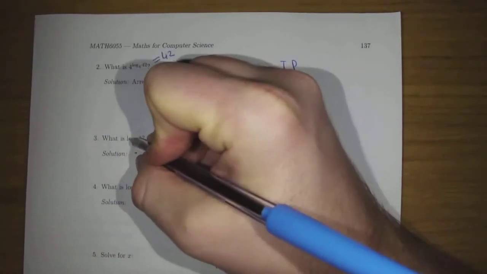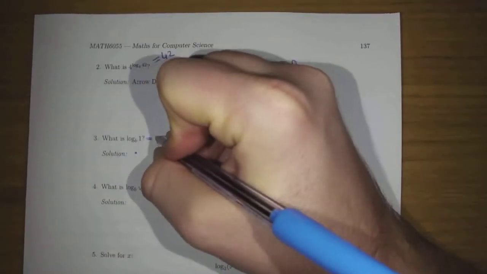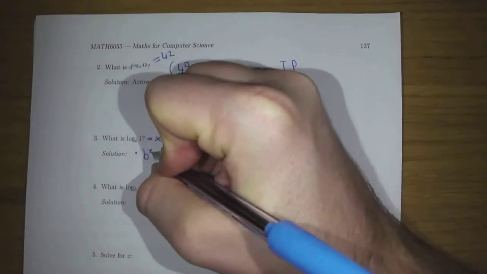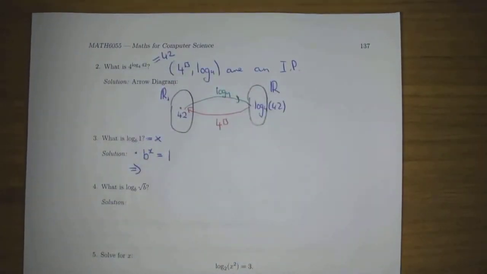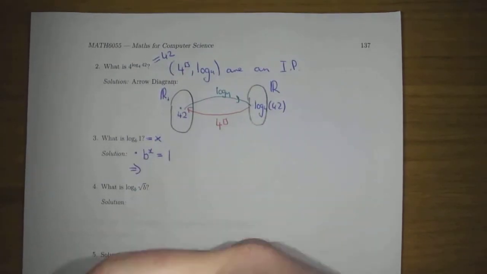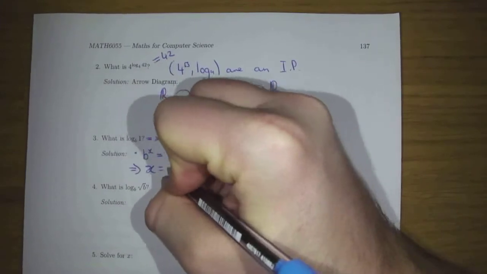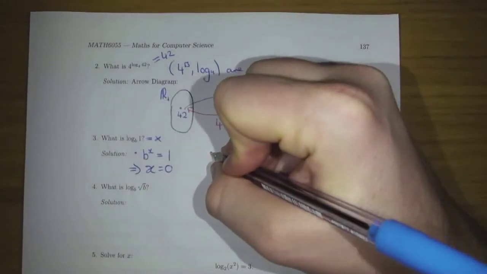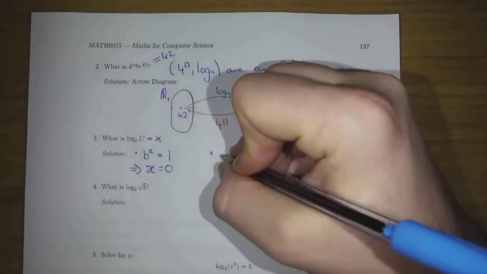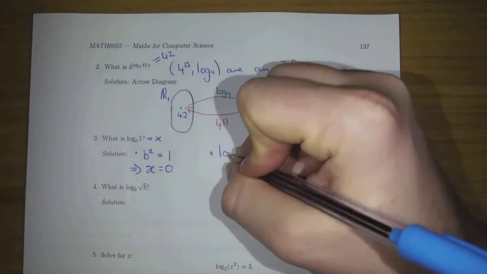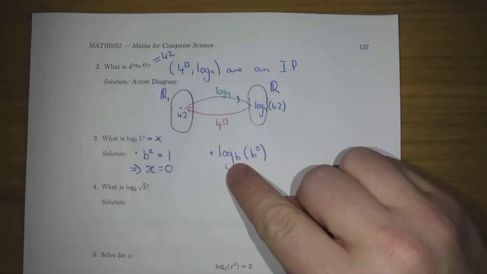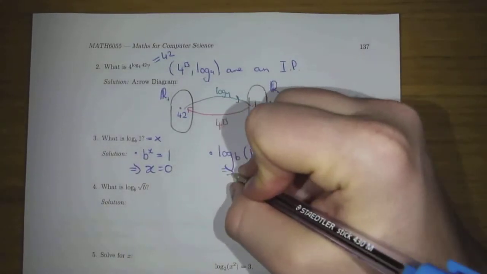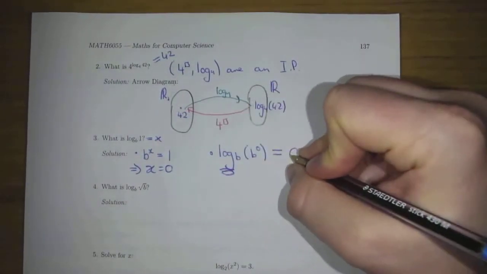The first one is let this equal x, and then do base to the power equal to the number, and then ask yourself, b to the power of what gives you 1, and you have to remember from previous, x equal to 0. Or alternatively, you could write 1 as a power of b. These are both kind of tricky, but 1 is b to the 0. And log base b is the inverse of b to the power, so this should be just equal to 0.